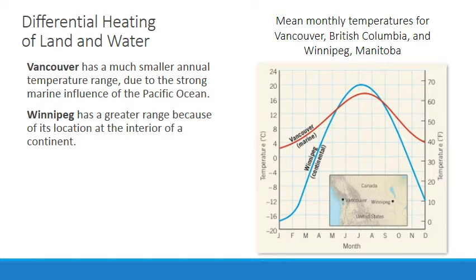Vancouver, British Columbia, is a maritime city located along the windward Pacific coast. So that means it's on the side of the continent that faces into the wind. Whereas Winnipeg, Manitoba, is in the middle of the continent, pretty far away from major water bodies.